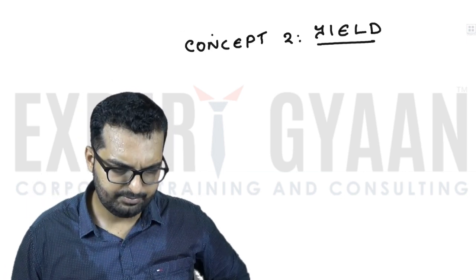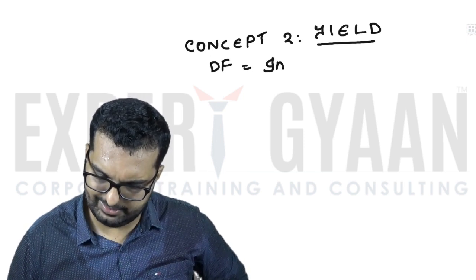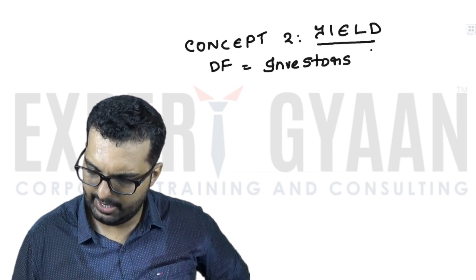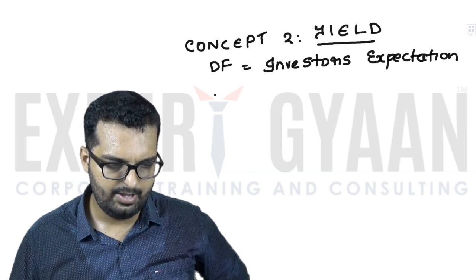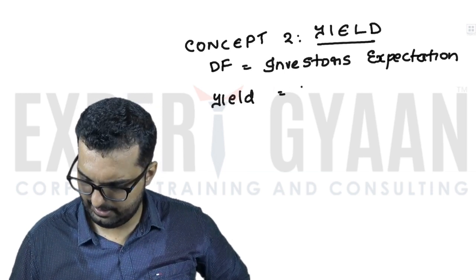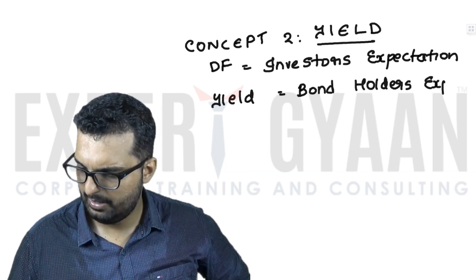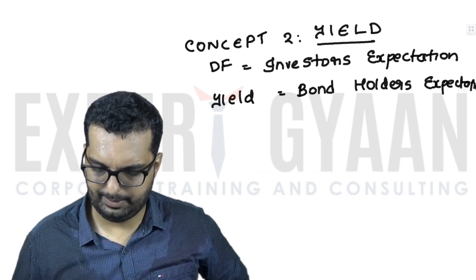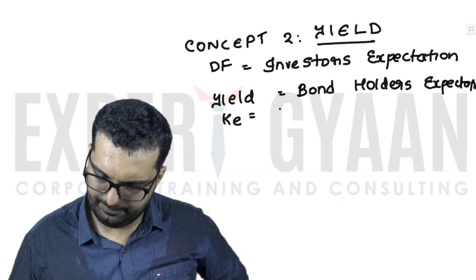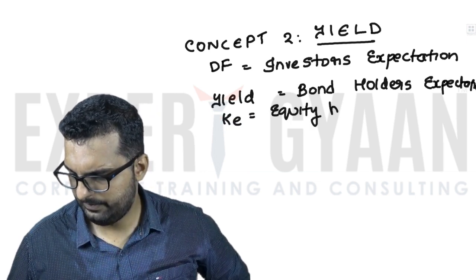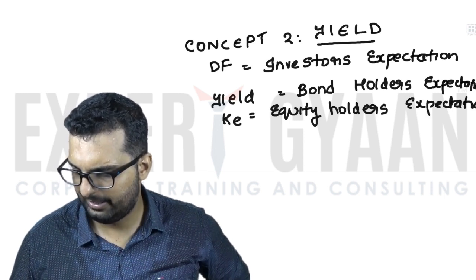Let me write down, everyone please look up. Discount factor is investors' expectation, whereas yield is bondholders' expectation. All right. Similarly, we have another word called KE. This is equity holders' expectation.